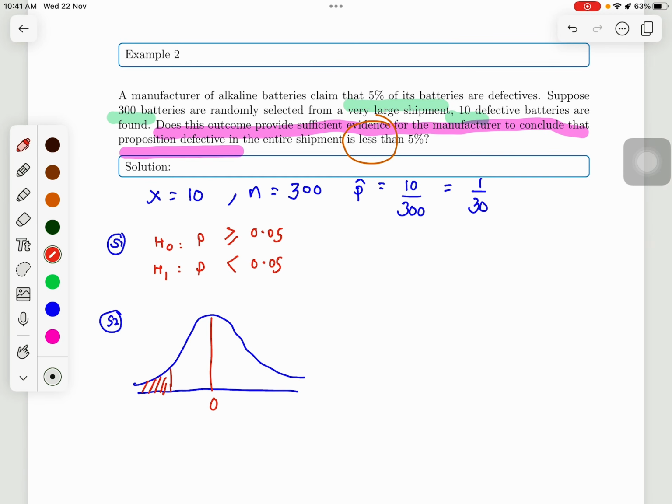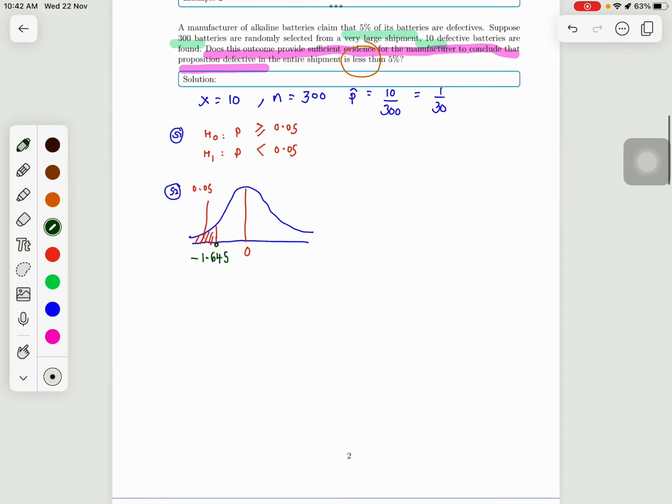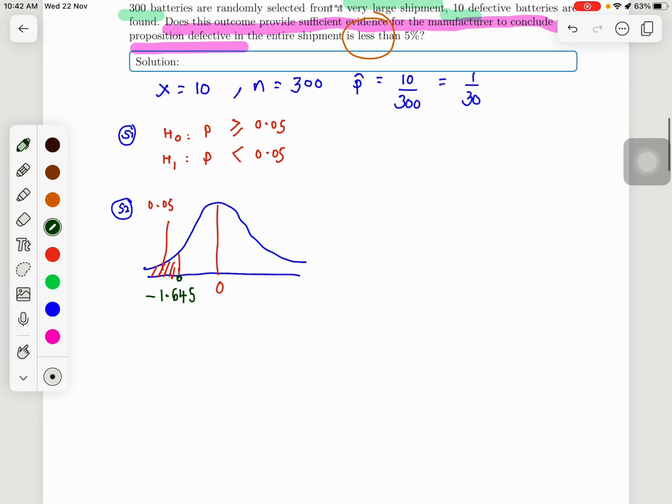So as usual, we look at the normal distribution table. Since the area is 0.05, and the significance level is the same as in example 1, of course we know that this value is negative 1.645, right? So that's our critical value.